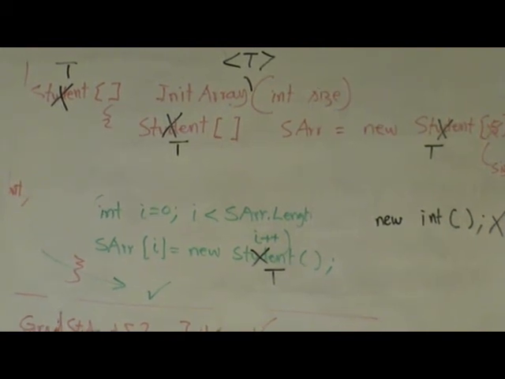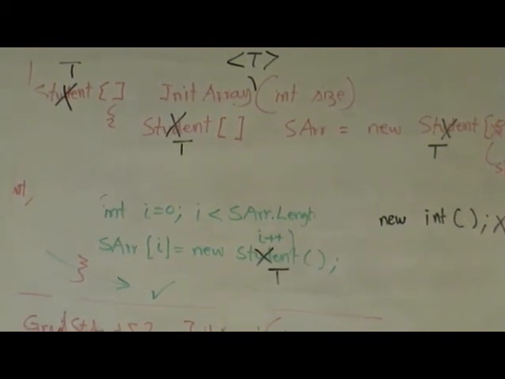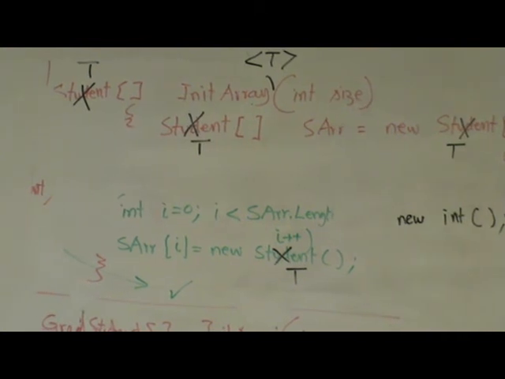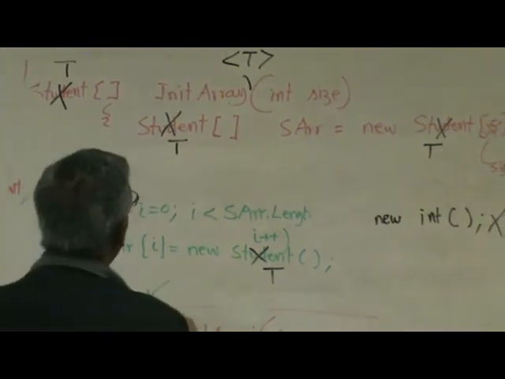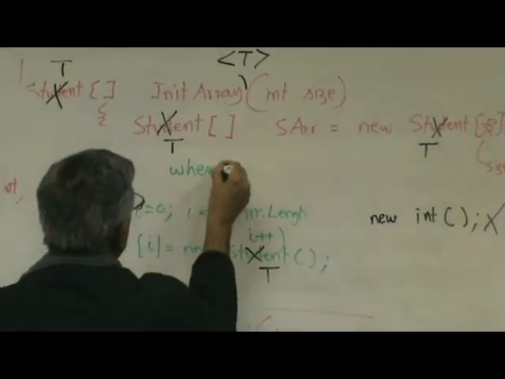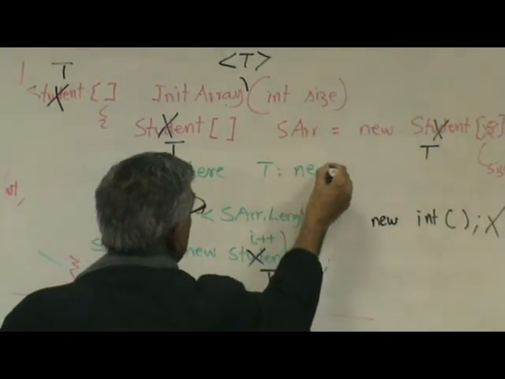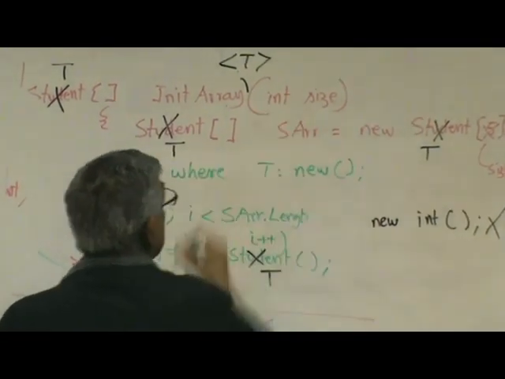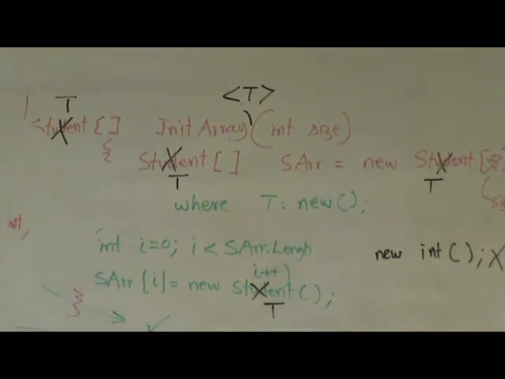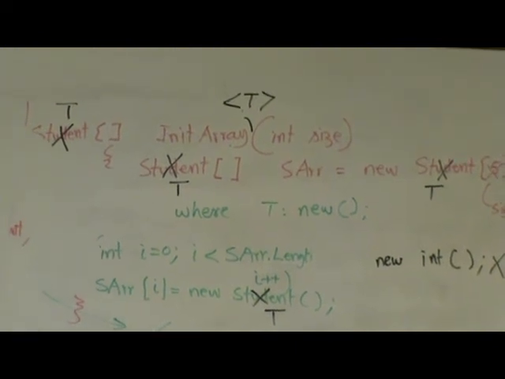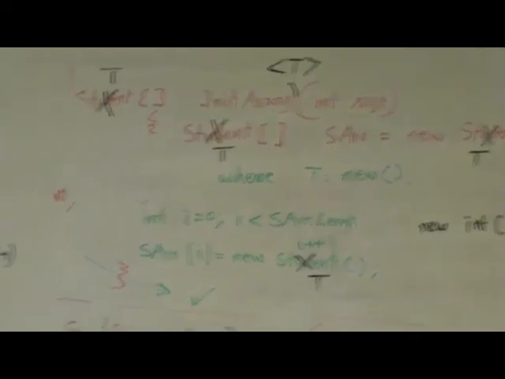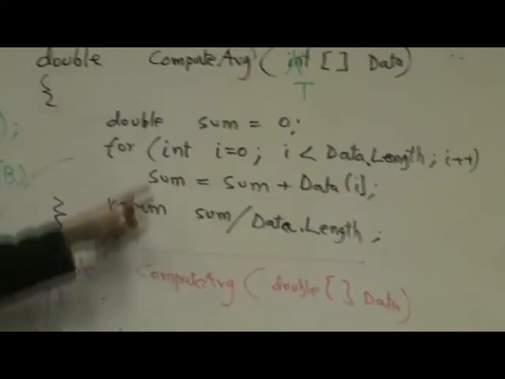And which data types have constructors? Classes. So in other words, when we said where T new, essentially we meant type T has to be a class. Otherwise you cannot call the init array, right? So what should be the type T over here?